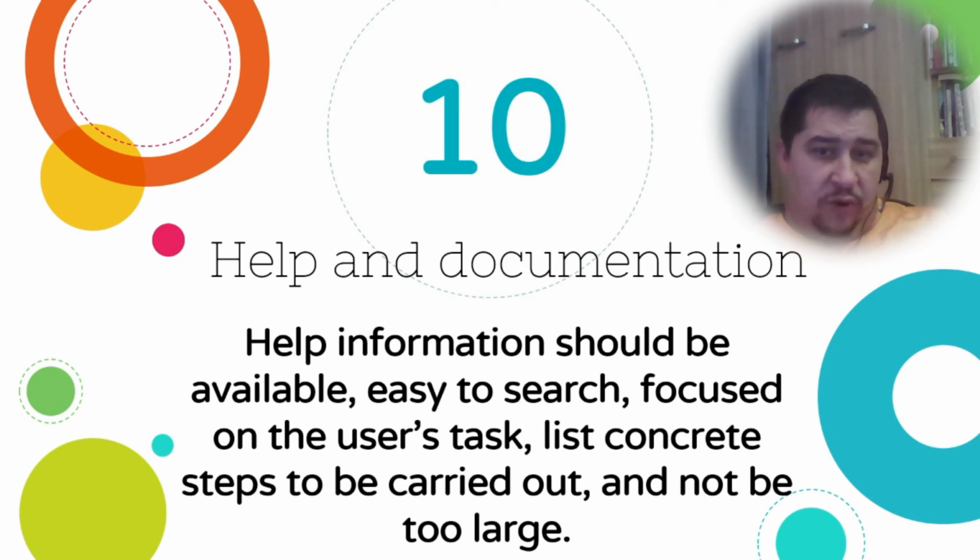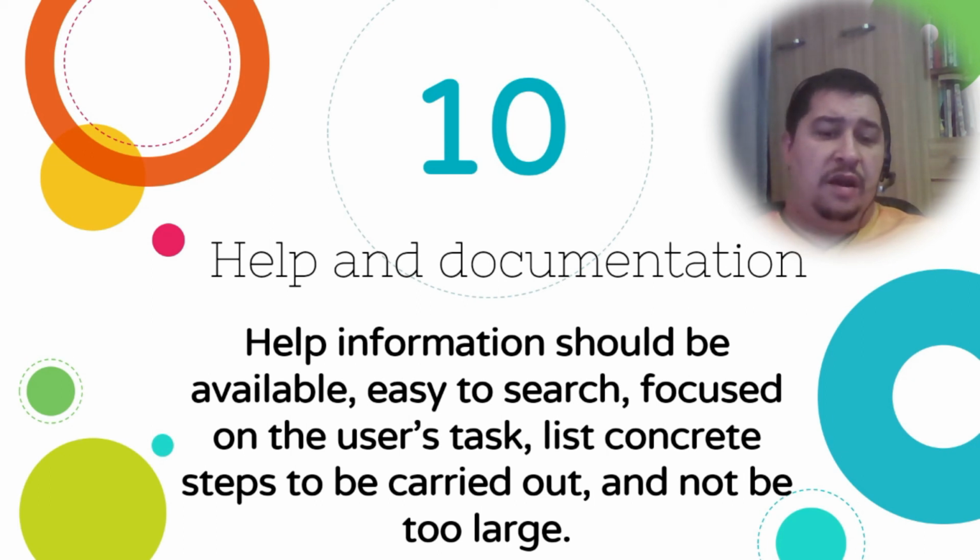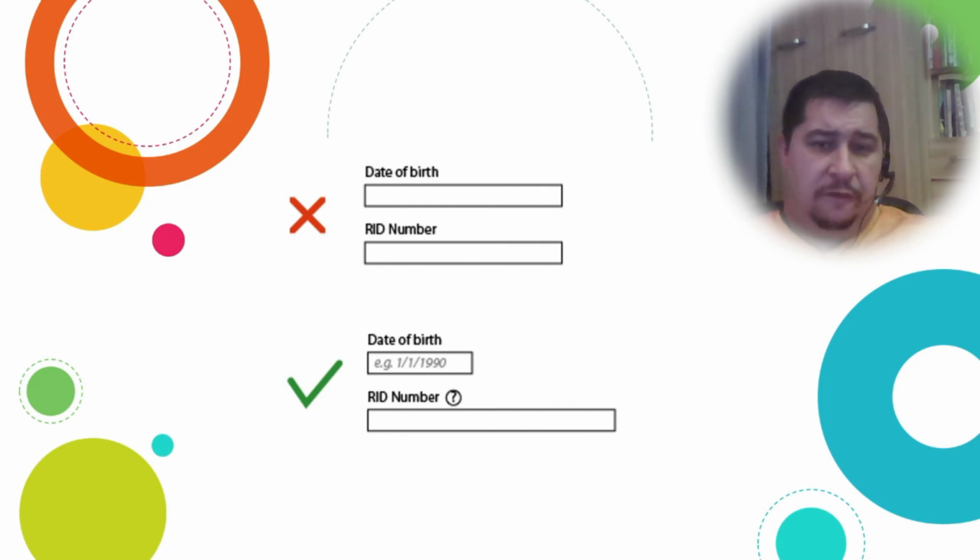And the last heuristic is about help and documentation. Help information should be available, easy to search, focused on the user's tasks. It should also list concrete steps to be carried out and not be too large. So, for instance, let's check these two fields, date of birth and RID number.